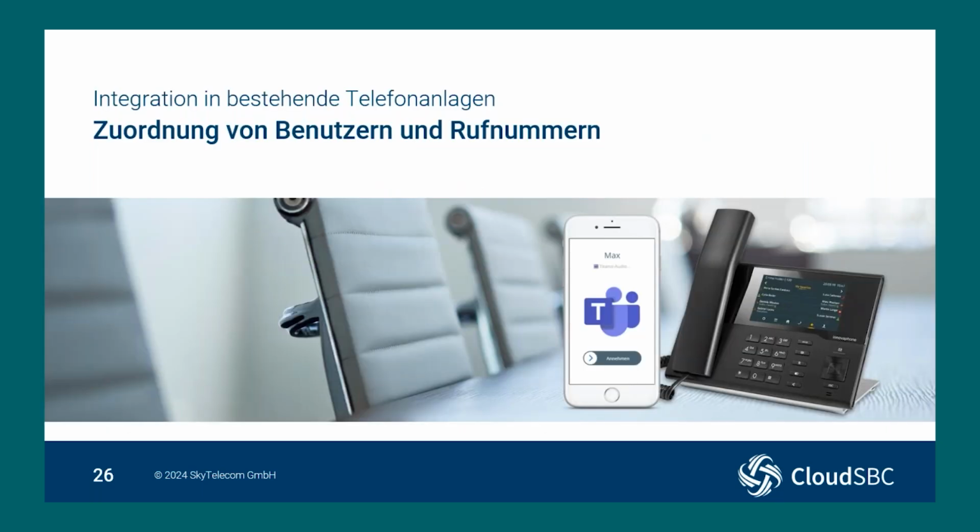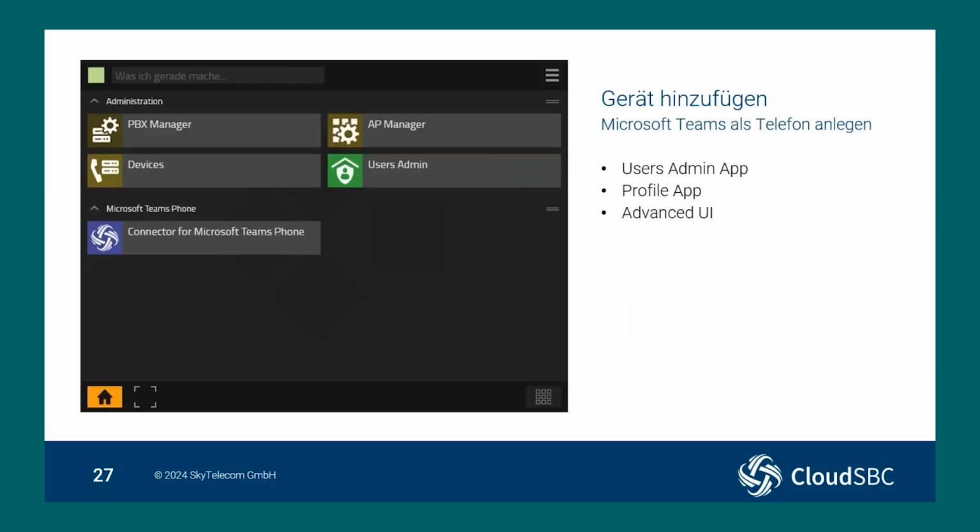Now we go back to, we have done all the requirements, all check marks are set. Now we have to assign the users. We do have users on the Innovaphone side, we have users on the Microsoft side, and we now have to match them. So first of all, we create a new device for the user who wants to have a Microsoft Teams integration.